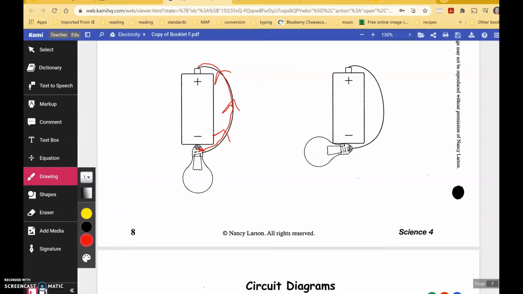Remember, whenever he flipped the battery over, basically this is the same scenario. Of course, it starts out being here on the negative side, so it comes up through this filament, back down, and then through that way, in order to give us our light.